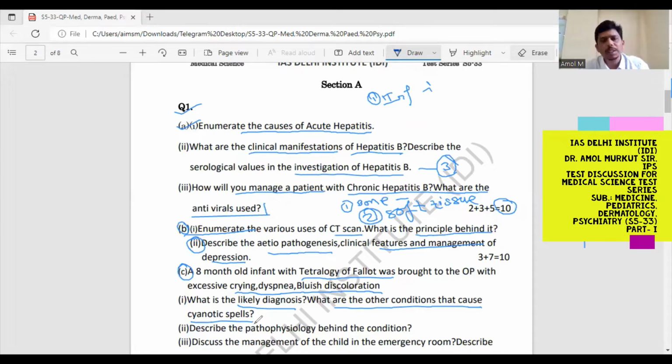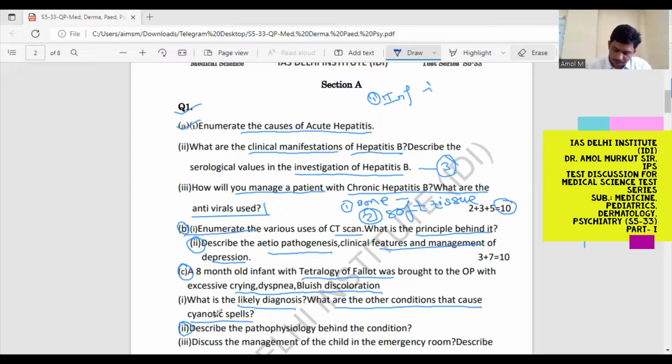Just write about the other cyanotic heart diseases: transposition of great arteries, VSD, PDA, conditions with pulmonary stenosis, all single ventricle physiologies. So just write 3-4 congenital cyanotic heart diseases. That's enough. Okay.